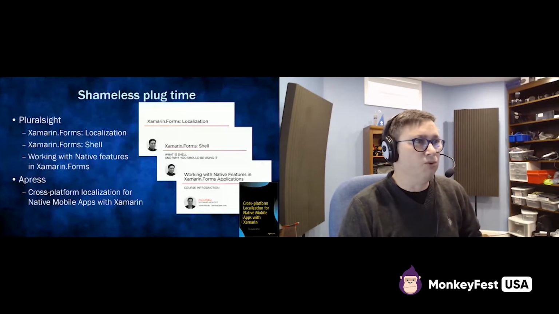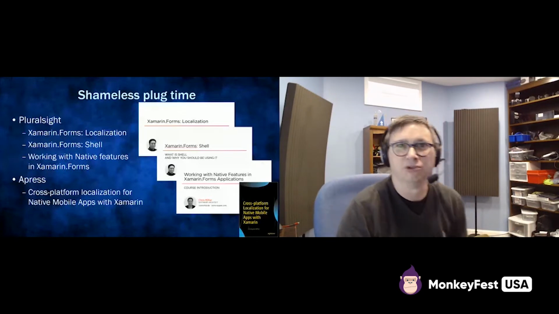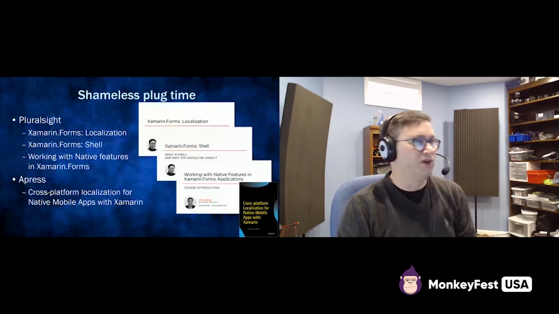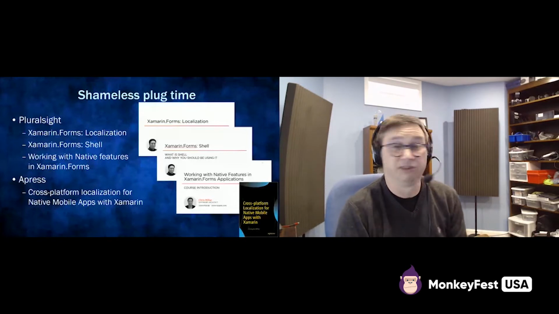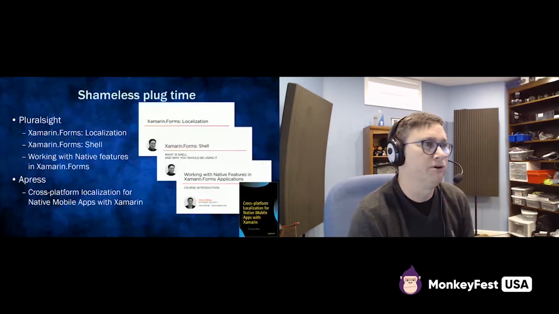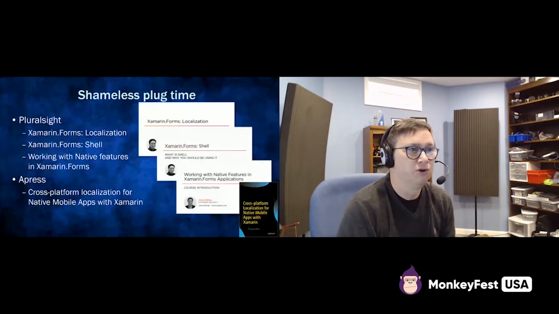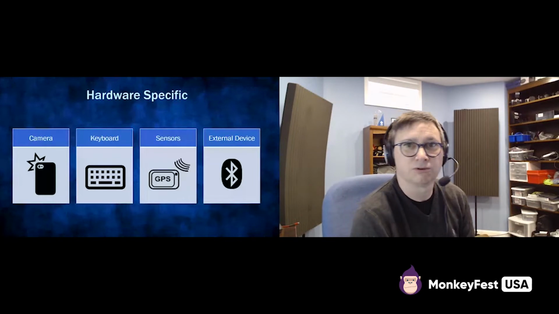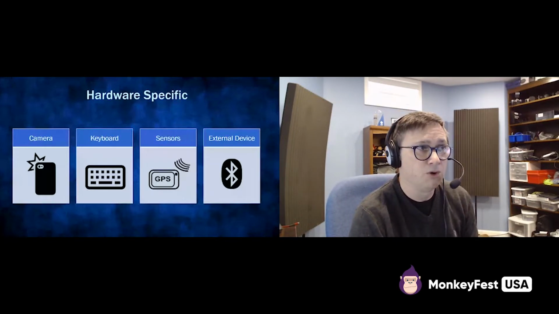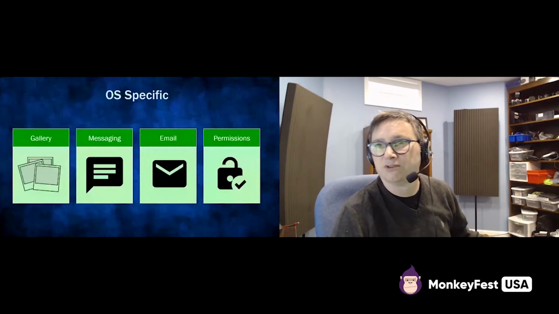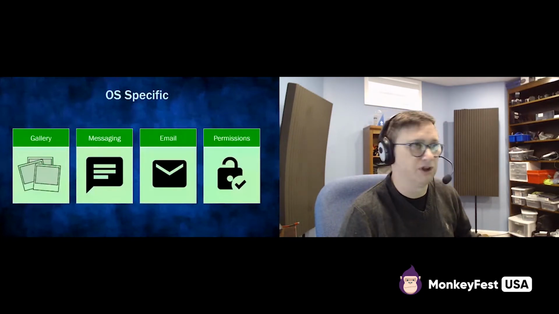So, what are native features in terms of what we're going to be talking about today? Well, we have hardware-specific features like the camera, the keyboard, sensors like GPS, barometer, temperature, and so forth. Or it could be an external device that you've hooked up either directly through USB or Bluetooth. And then we have OS-specific features like the photo gallery, because every platform has one.